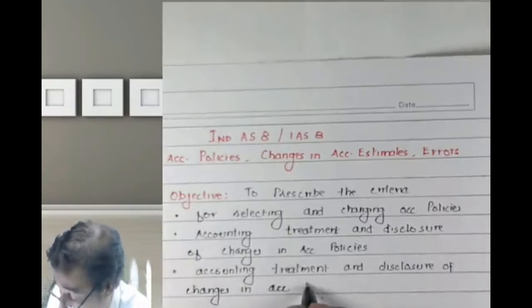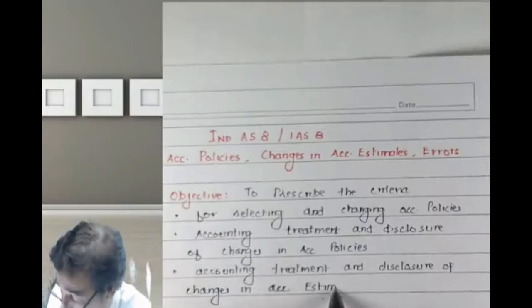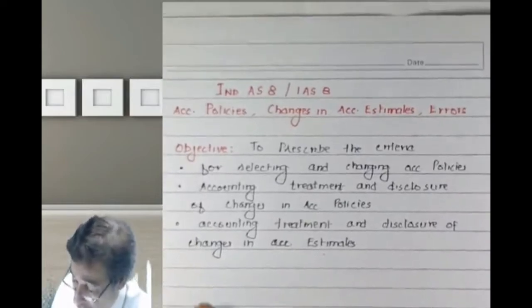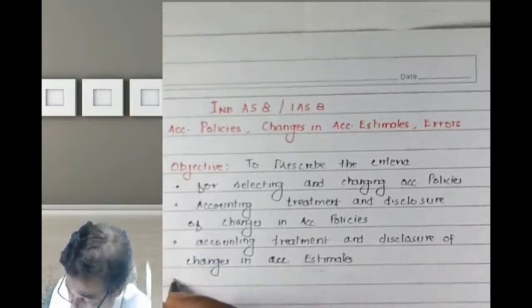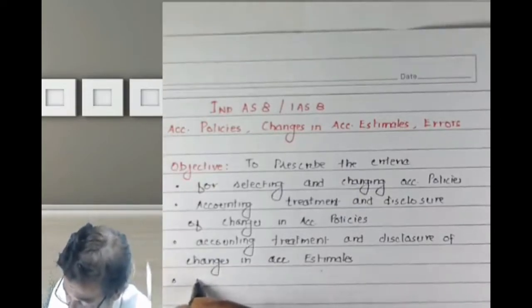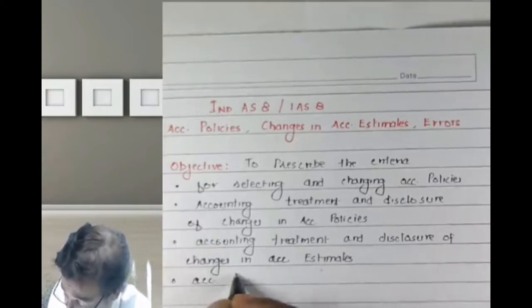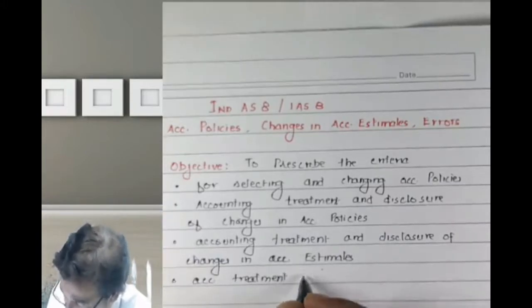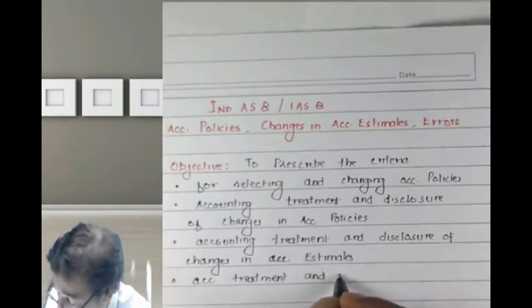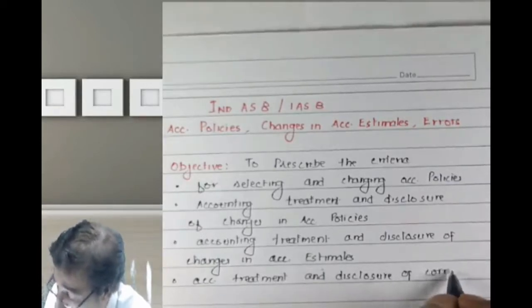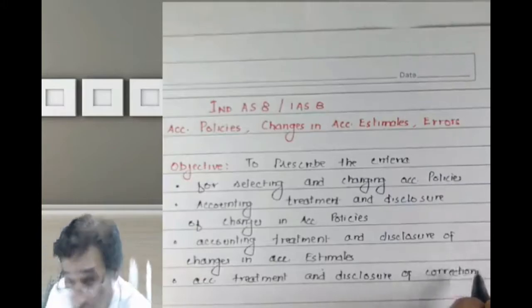Accounting estimates we will talk about at length later on when we pick them up. Besides, this standard will provide criteria with respect to the accounting treatment and of course the disclosure of correction of errors. Accounting treatment and disclosure of correction of errors, because this standard deals with correction of errors also.